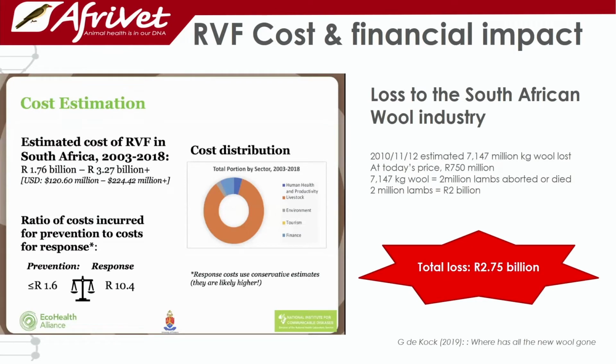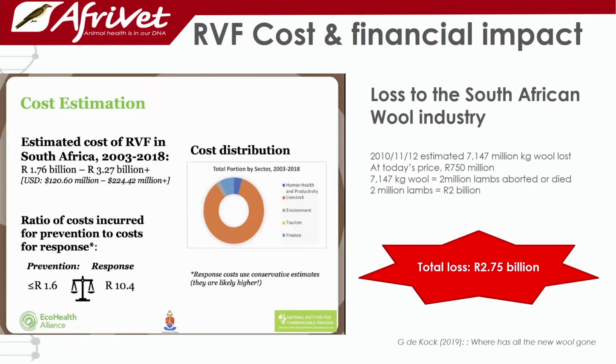In terms of figures, you see this slide, I took it from a presentation of a project that has been going on in South Africa for the past, I think, 10 years. And they came up with these figures of the cost last week. What is interesting is to see what Dr. Dupree was talking about earlier, the difference between the prevention and the cost.